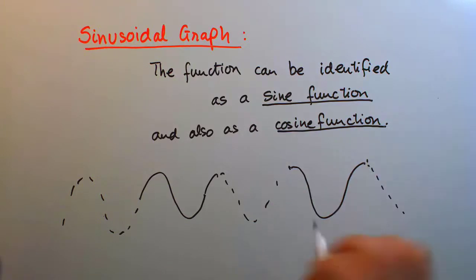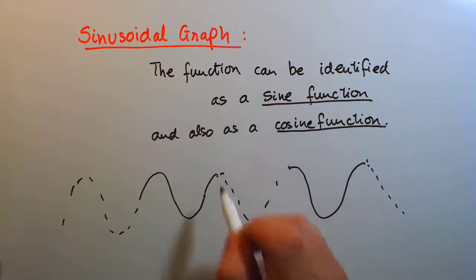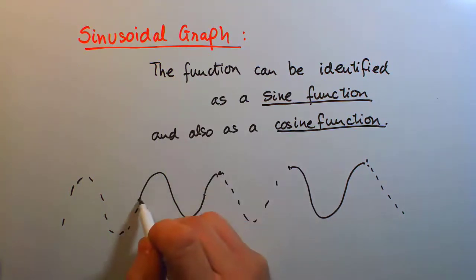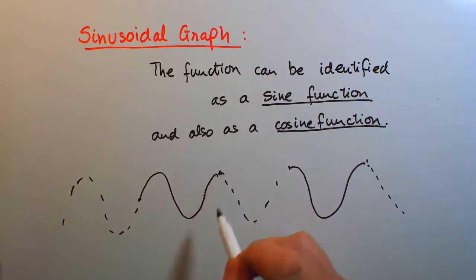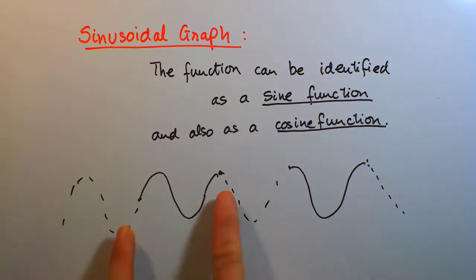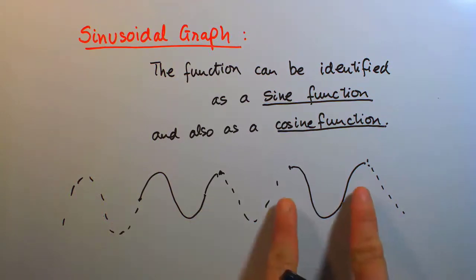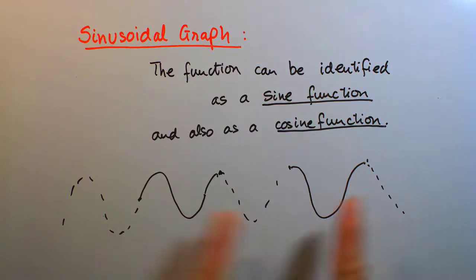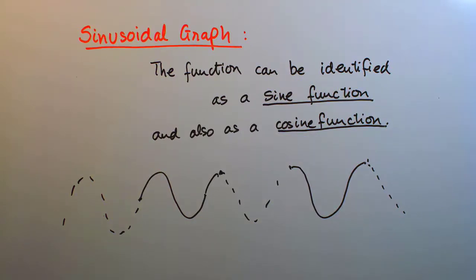In the end, the complete graph here is what we call the sinusoidal graph. So this one sinusoidal graph can be thought of as the replication of either a base unit of a sine function or a base unit of a cosine function, replicated infinitely many times. And so we will be learning both ways to identify the trig function that gives the same sinusoidal graph.